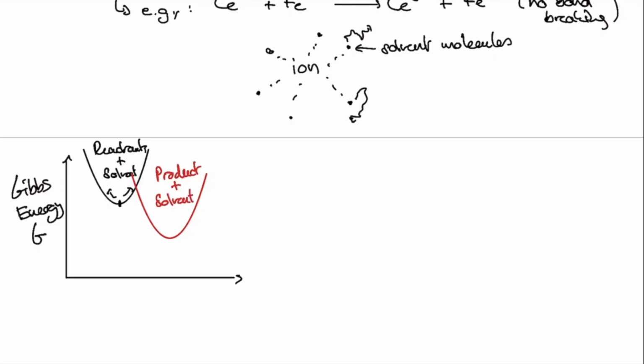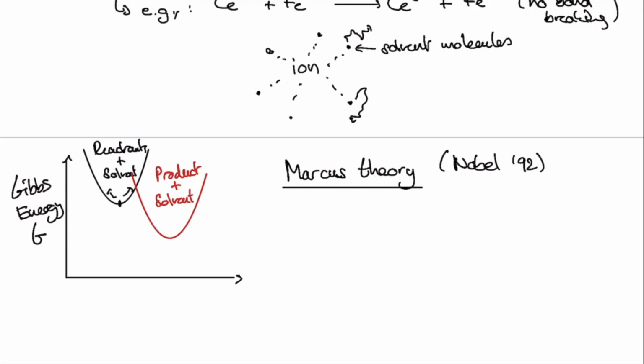And so there's a theory, it's called the Marcus theory. So Nobel Prize 1982. Okay. Again, I'm not going to derive the whole Marcus theory. I'm just going to give you the results so you get an idea of what's important.